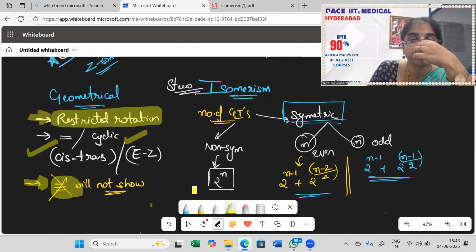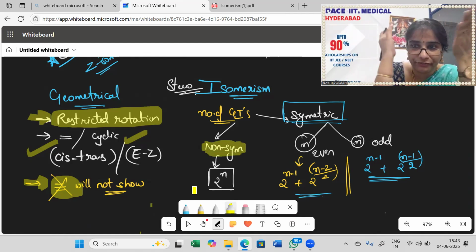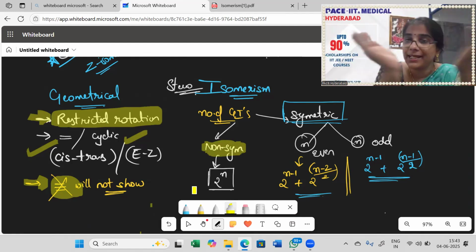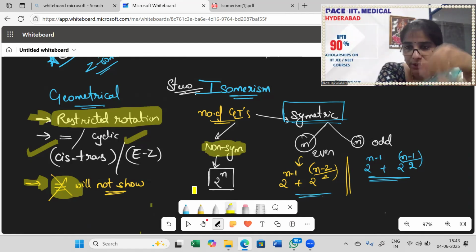I can have a symmetric structure or a non-symmetric structure. Whenever I draw a plane of symmetry, if the left side and right side, or top and bottom, whatever it is, are the same, then it is called symmetric. If it is non-symmetric, both of the sides are different from each other.